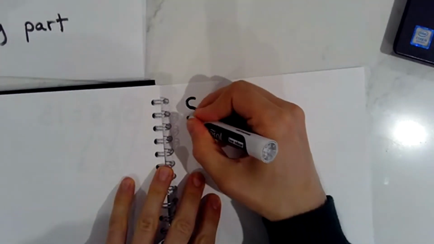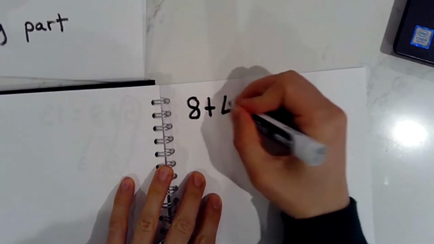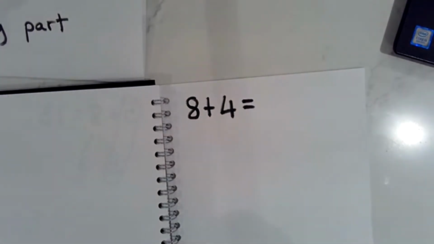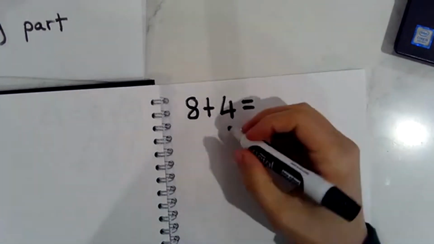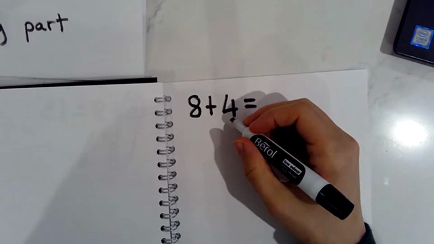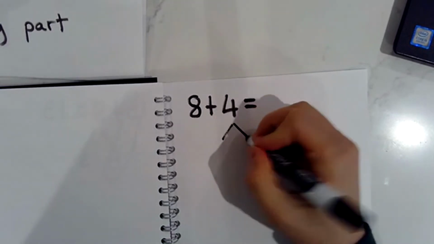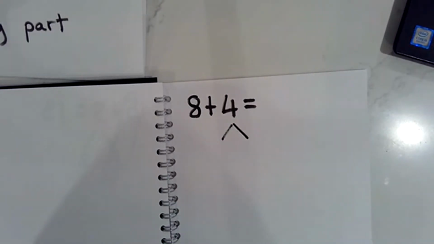If I was to do 8 add 4, what I need to do now is the following. I need to partition 4 so that I can make 10 with my first number.